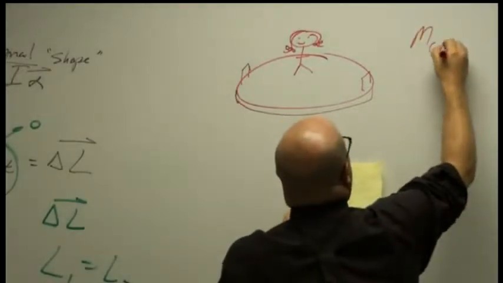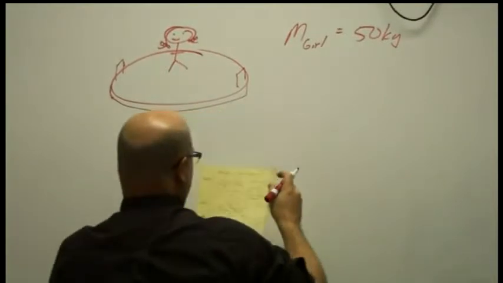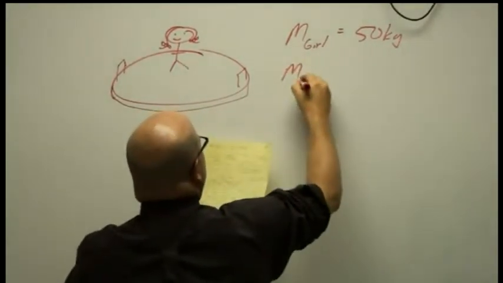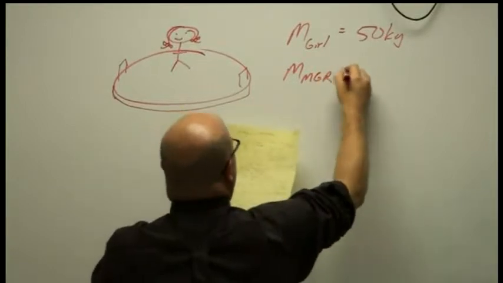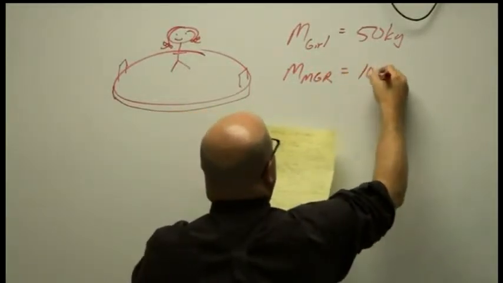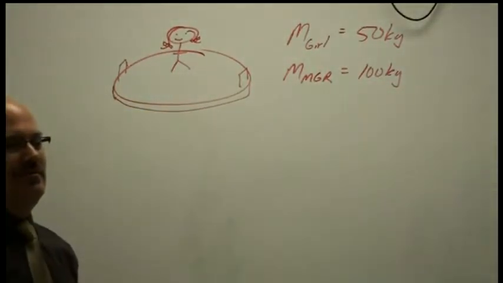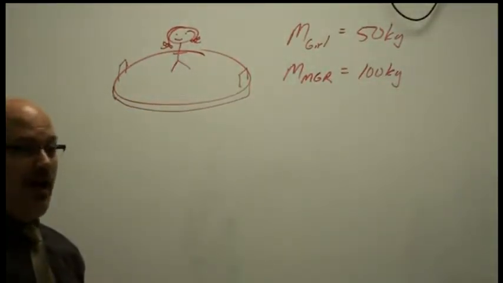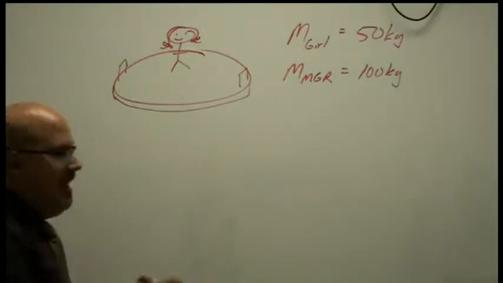So the mass of the girl is 50 kilograms. The mass of the merry-go-round. I thought your daughter was very small. I was about to say, this isn't your daughter, is it? What are you implying?